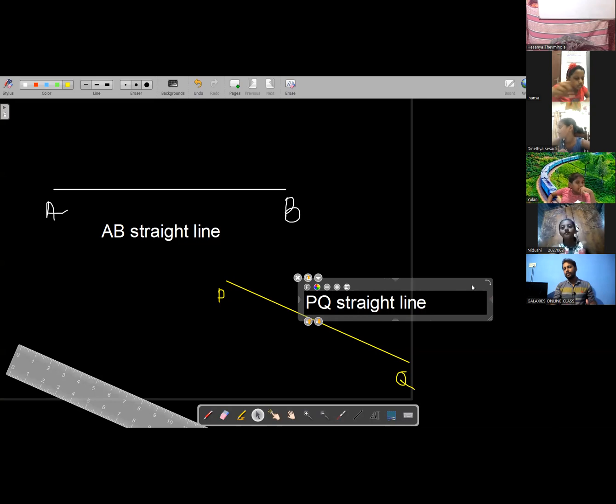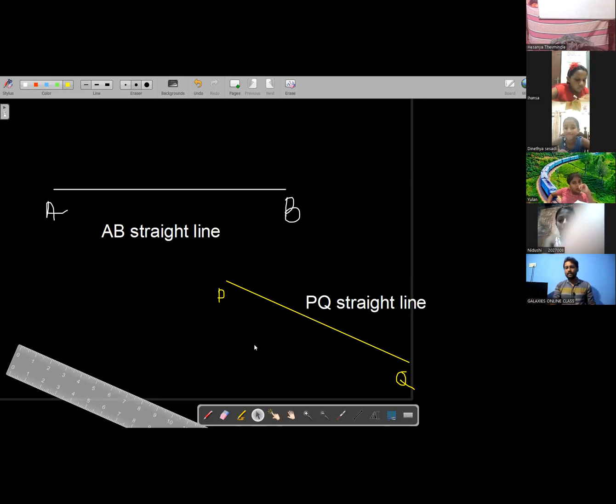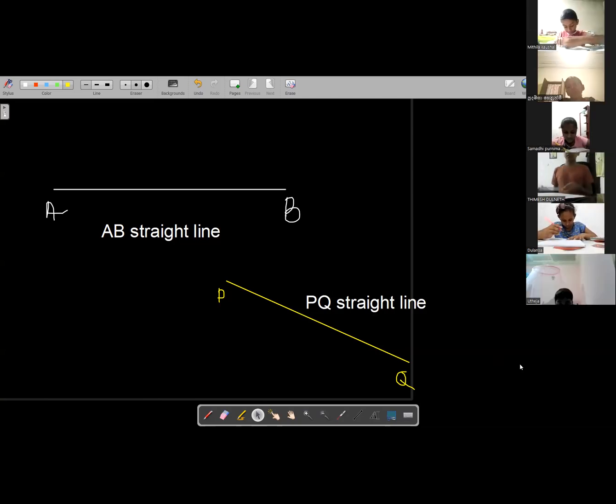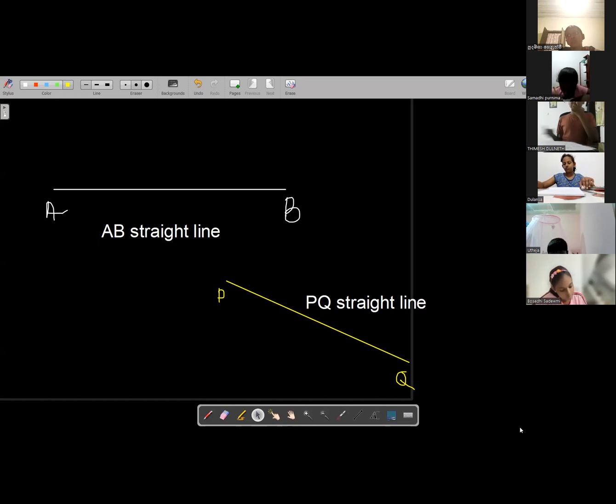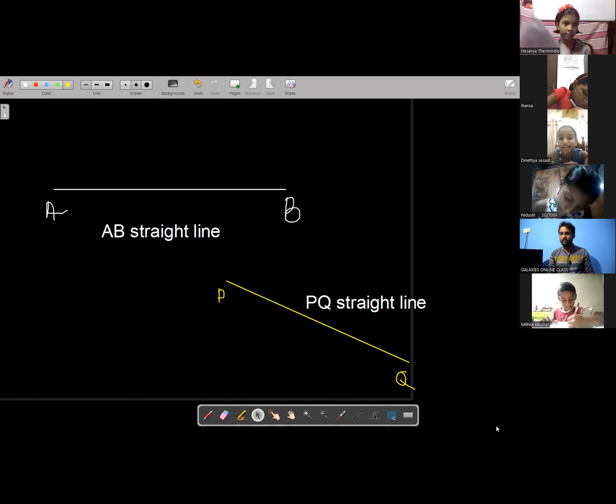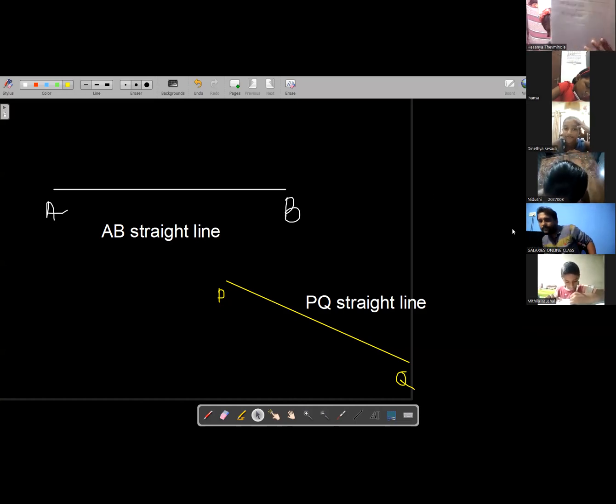Okay, quickly draw like that 2 examples for the straight lines. Then I think it is enough. You can understand about the straight lines. Now you know what's the meaning of a straight line.